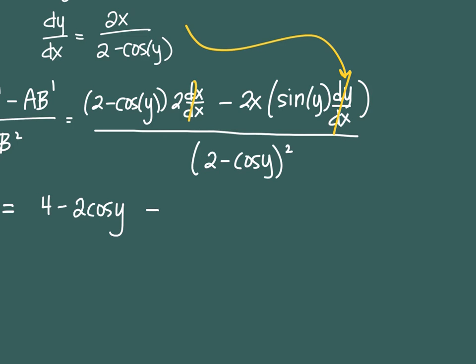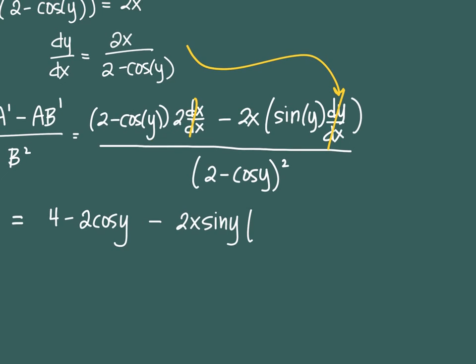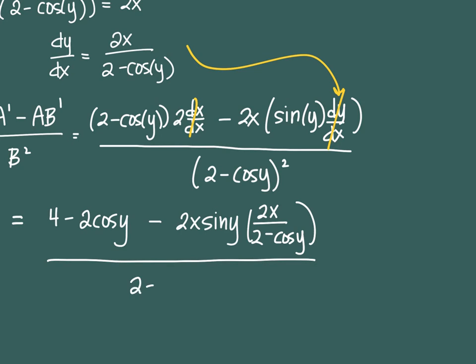Minus 2x sine y, and then replacing that derivative, we now have 2x over 2 minus cos y. And that whole thing is over 2 minus cos y quantity squared.